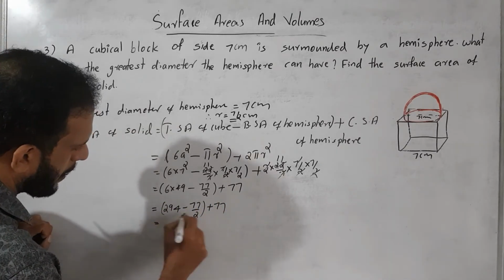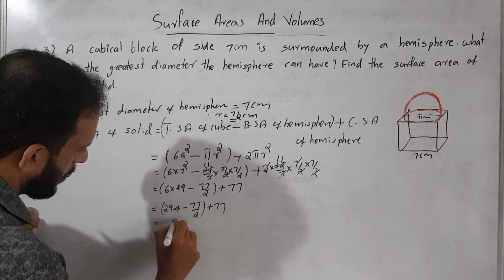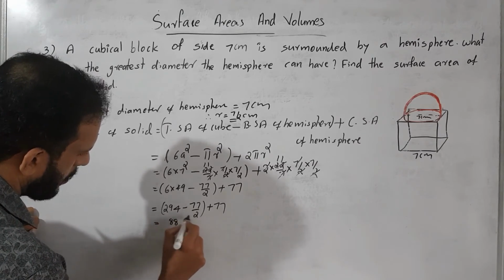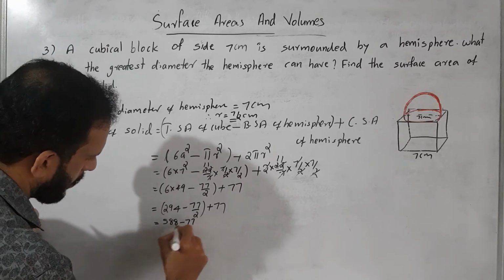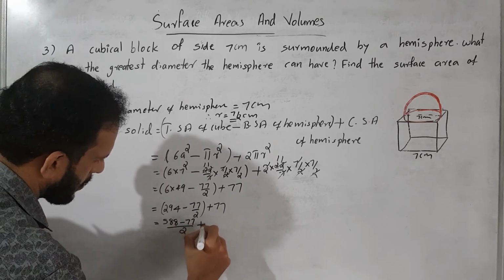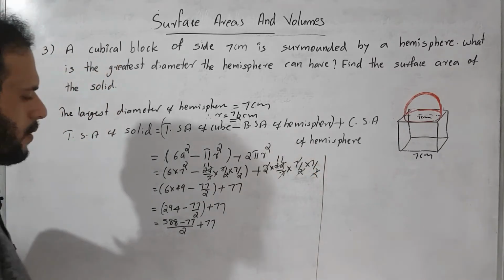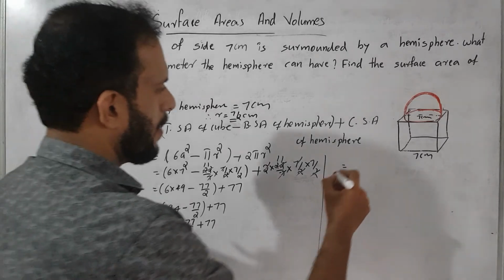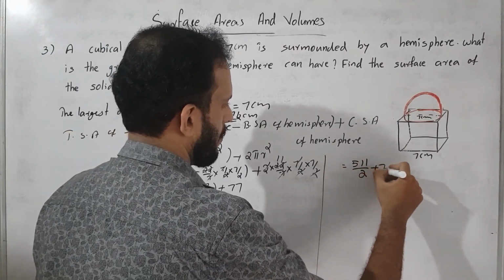Next we cross multiply 294 into 2, which is 588, minus 77 by 2 plus 77. Then it is equal to 588 minus 77 is 511 by 2 plus 77.